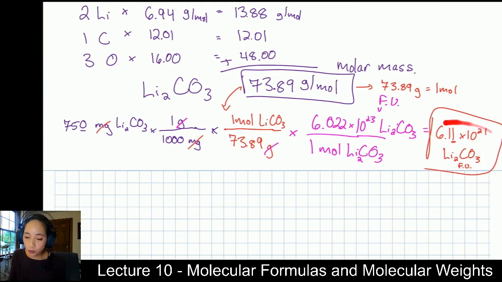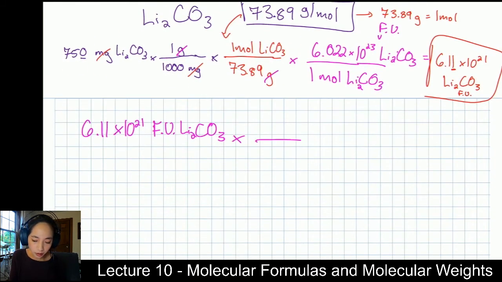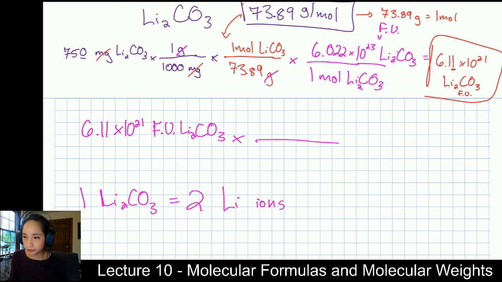So I start with 6.11 times 10 to the 21 formula units of lithium carbonate. For every 1 lithium carbonate, there are 2 lithium ions. So I'm going to put 1 formula unit of lithium carbonate on the bottom and 2 lithium ions up top, or atoms.